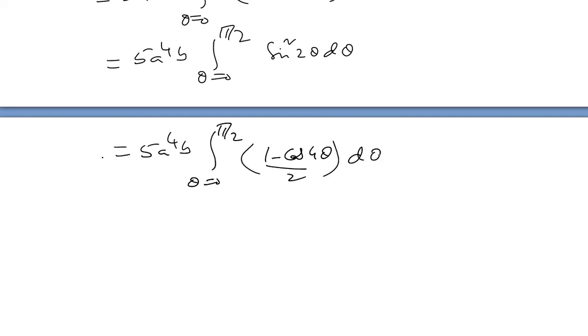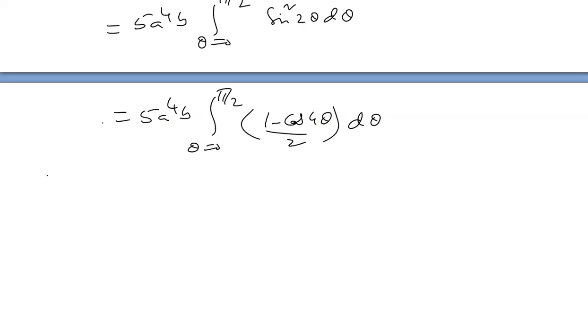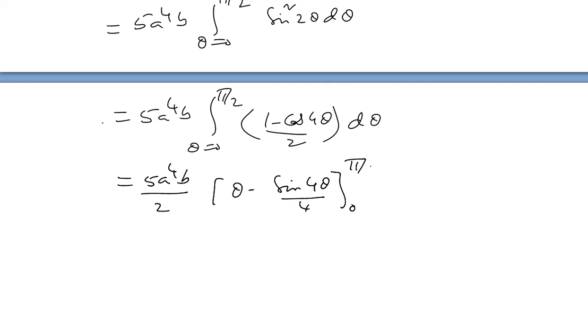d theta. Now integration: 5 a power 4 b by 2 into theta minus sin 4 theta by 4, 0 to pi by 2. 2 is already common.